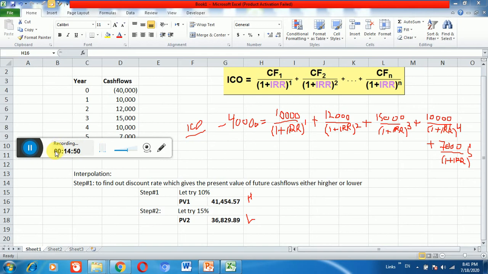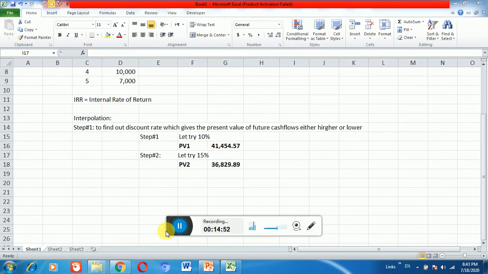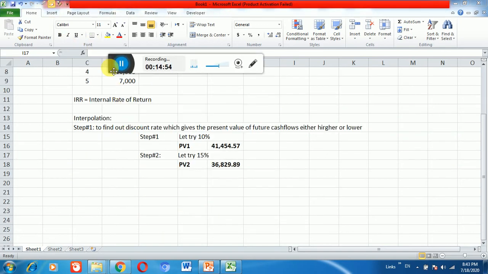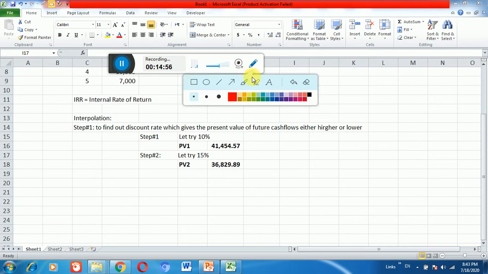Okay, in order to interpolate, you should first try a lower interest rate. So how much is the lower interest rate? That is 10%. Then we have IRR.